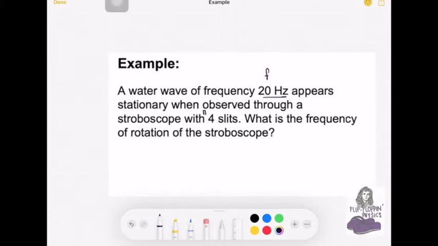And they will ask you what is the frequency of the rotation of the stroboscope. So you just use the formula that we have just now, f = nf', and substitute the values that you have, 20 for f. Then when you work that out, you will get 5 hertz. Okay, so that's the example for the stroboscope question.